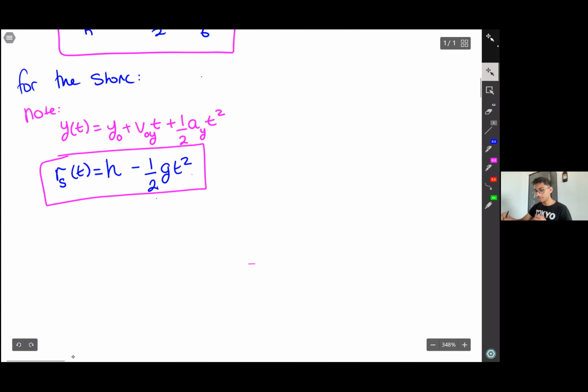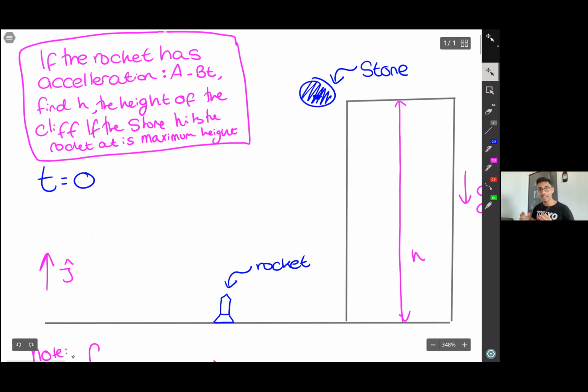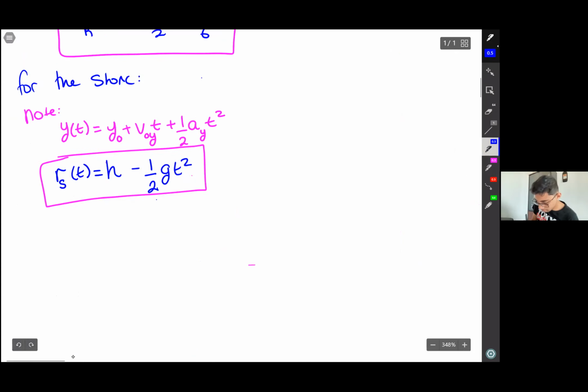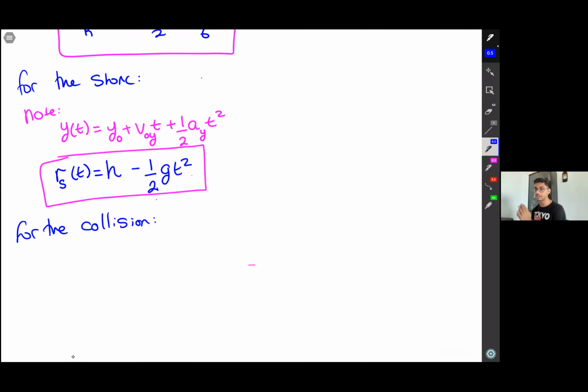The question also says that they both meet when the rocket is at its maximum height. So for the collision, the position of the stone is going to equal the position of the rocket, and the rocket is going to be at its maximum height.